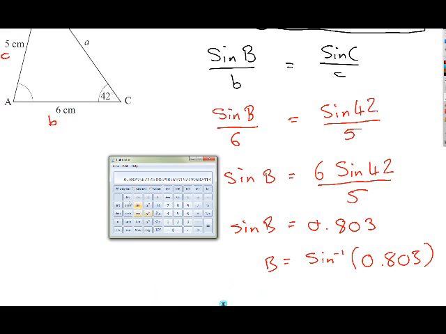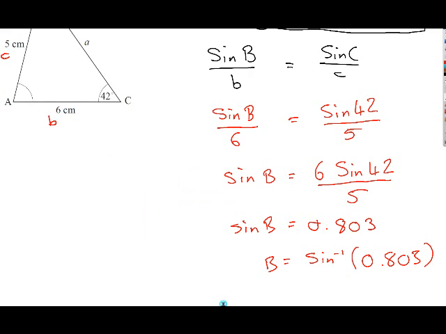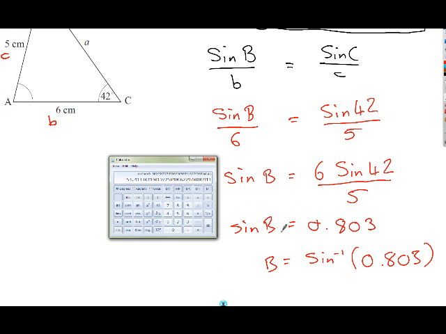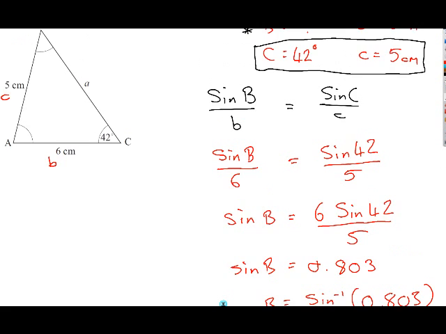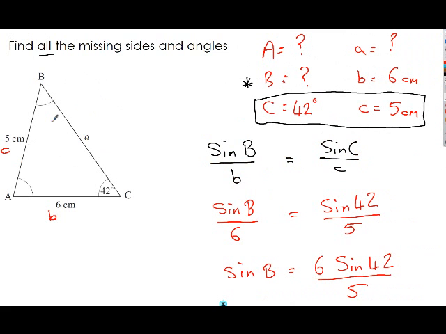So if I now take the inverse sine, there we go. B is 53.4 degrees. And straight away, now that I've got that, I'm going to write it into my diagram. 53.4, and I'm going to write it up here as well.